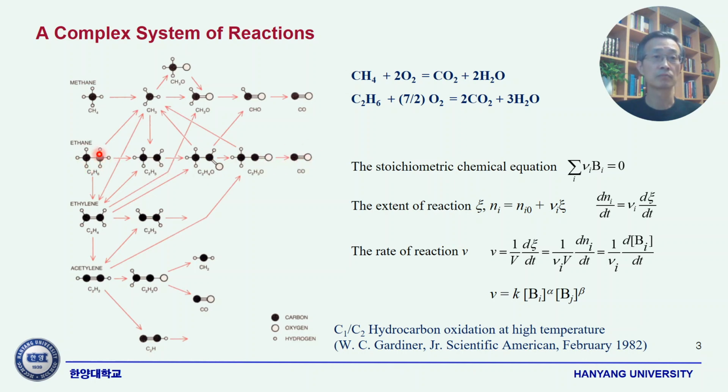The ethane molecule could be dehydrogenated to ethylene, and another step of dehydrogenation produces acetylene. Acetylene could also make an acetylene radical or be oxidized, giving a methylene group and carbon monoxide. This methylene group could react with a methyl radical to make these species and the ethyl radical. So this is a very complex system of reactions.